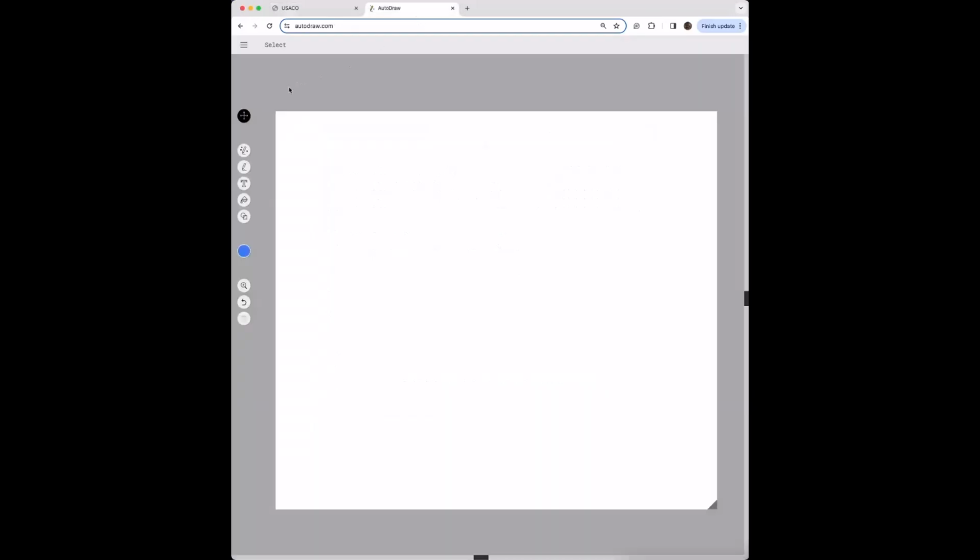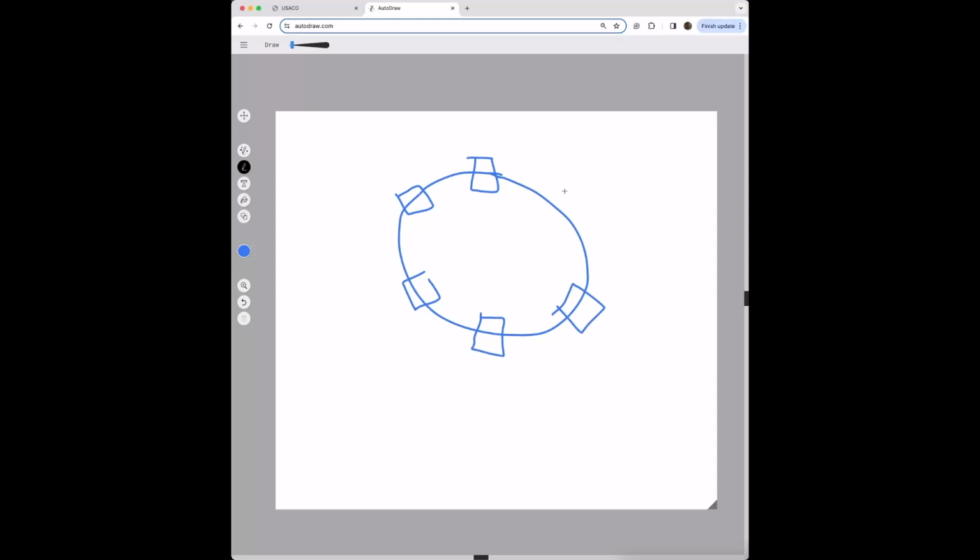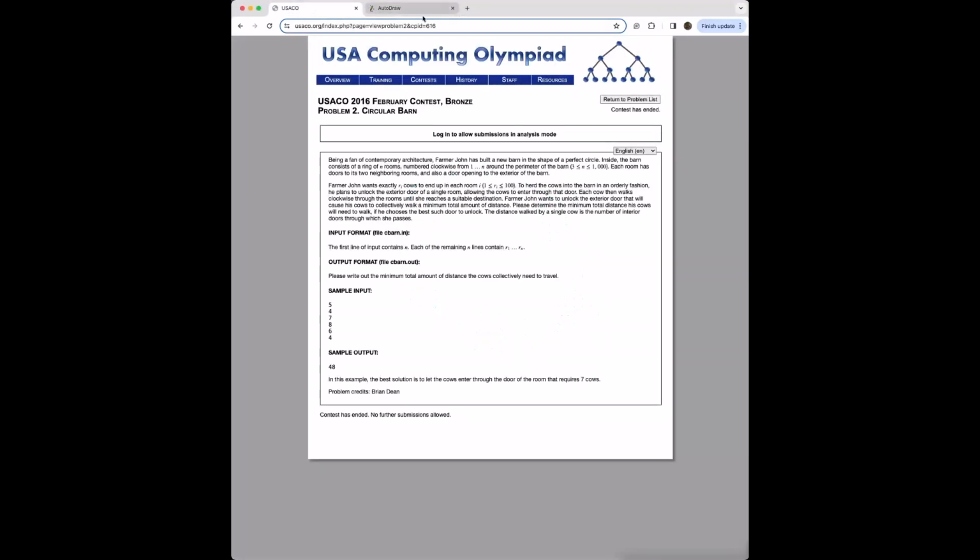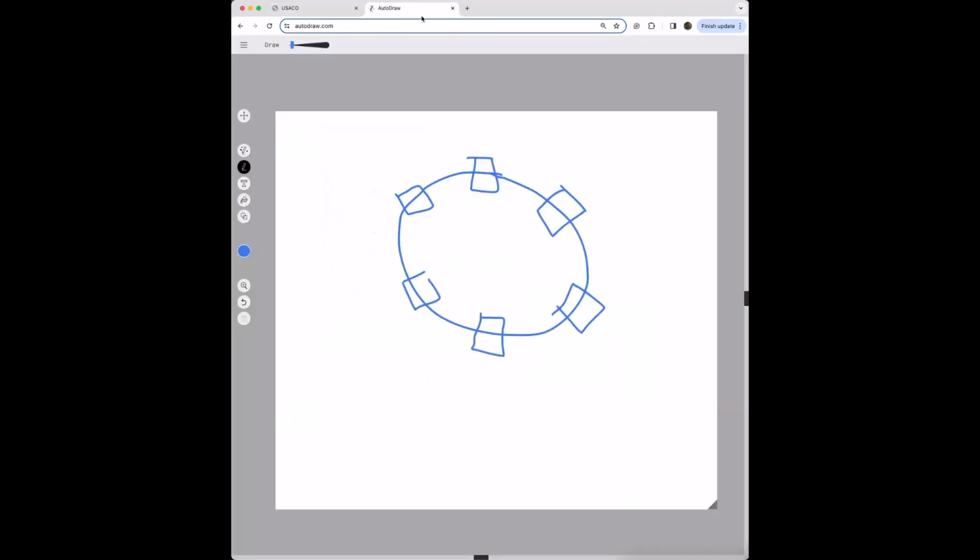So, in this problem, there's basically a circular barn in which there are, I guess, rooms inside the barn. Let's just draw that. So we have a circle like this, and then there are rooms that I guess compose this circle. There are n of these rooms, and each room is connected by an exterior door, so you can enter from the outside, and you can also walk across.